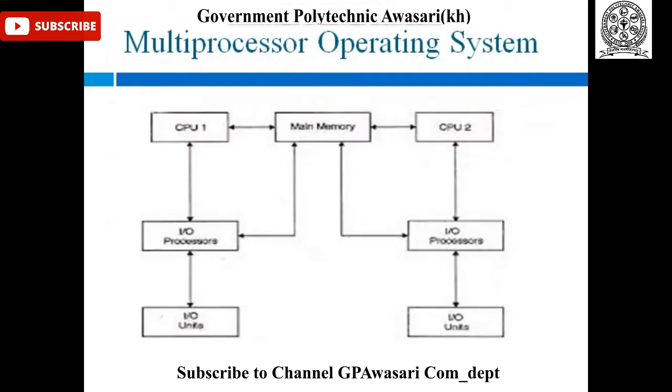In this diagram, we can see that there are two CPUs, that is CPU 1 and CPU 2, which are sharing some main memory and input-output processors. And so, because of this, it is called a tightly coupled operating system.